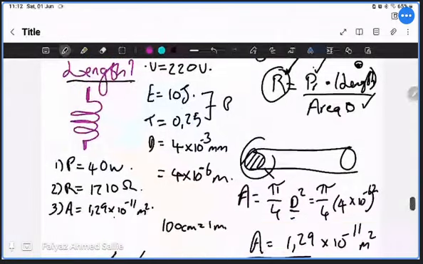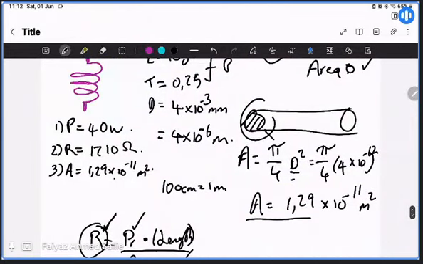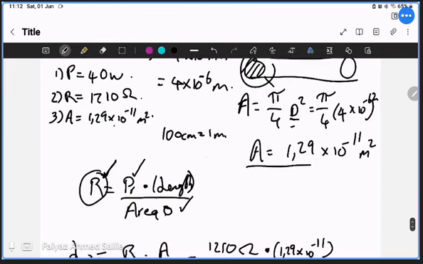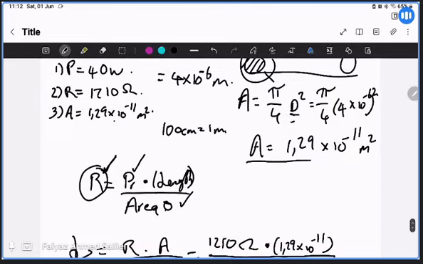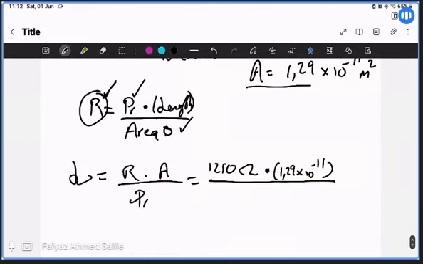So if we have centimeters, we're going to have to multiply by 100. So our resistivity is going to be 2,875 times 10 to the minus 8.